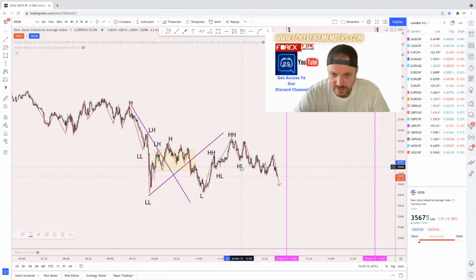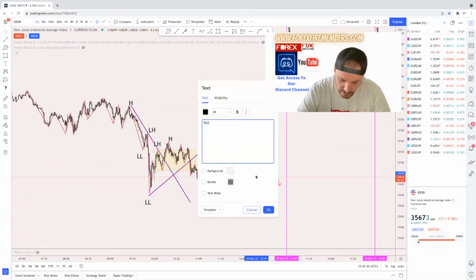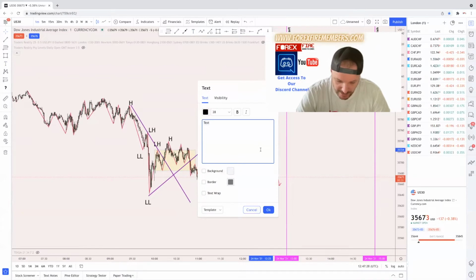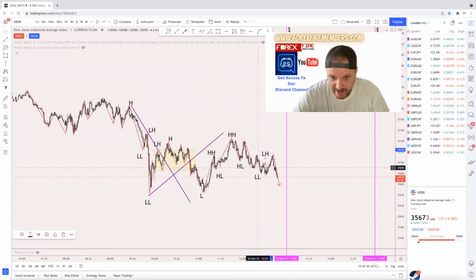Higher low. And then you get the drift. What we've got here is basically lower lows all the way down on here. And then at the end, we've got lower highs. Okay, so I'm just going to mark that there. So I know basically we've got a channel coming down.